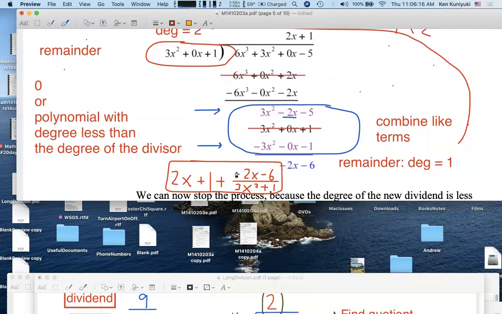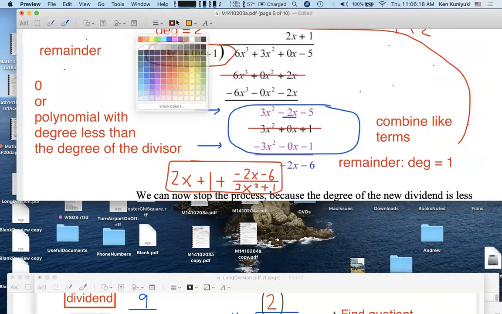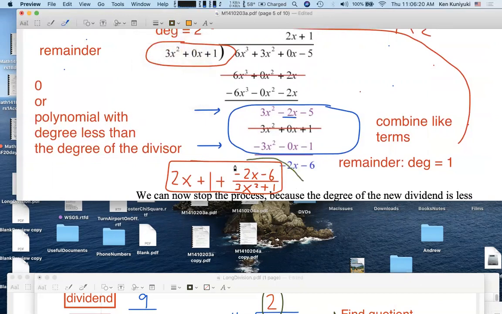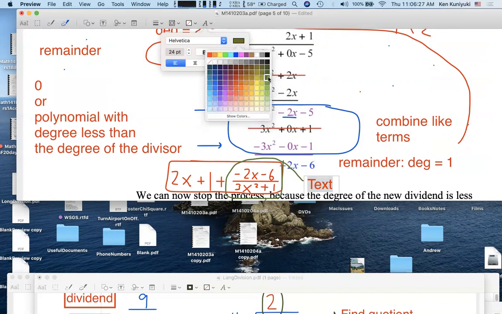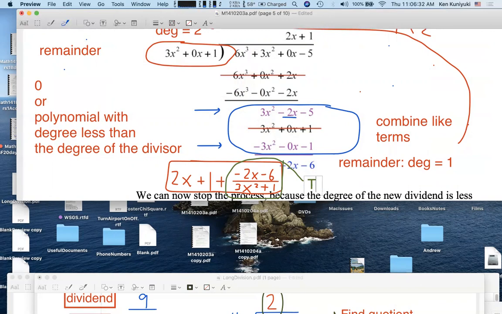A quick check. This fraction over here, remember, better be what? I call it bottom heavy by degree. Because remember, we either get 0 here, if the remainder is 0, or we get a rational expression that is bottom heavy, meaning that the degree of the numerator is less than the degree of the denominator.